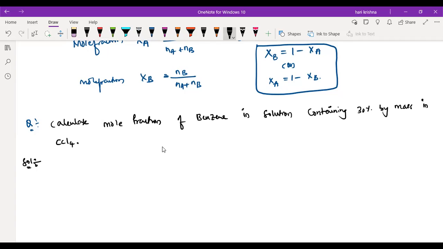Calculate the mole fraction of benzene in solution containing 30% by mass in CCl4. What will be the answer?